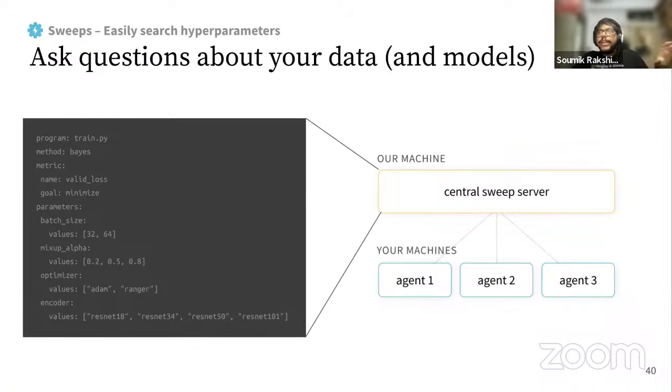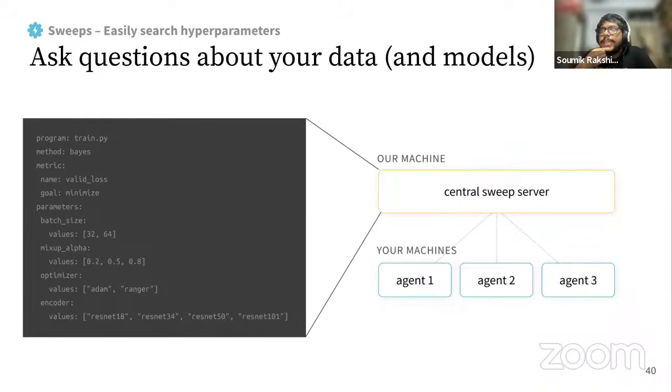How a sweep actually works is in two parts. One, there is the central sweep server, which lives on the Weights and Biases site, and then there are the agents, which live on your end. You use these agents to control your sweep.